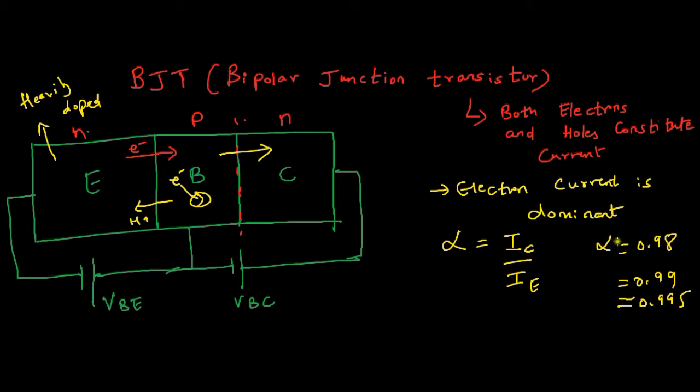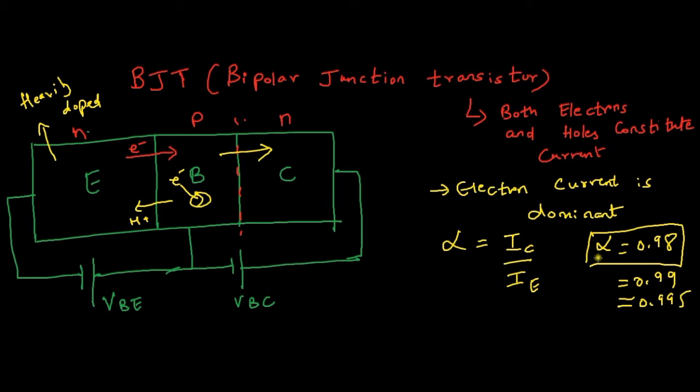The maximum value of alpha is 1, because the emitter current goes to the collector current. If there is 1 milliampere of emitter current and all of it flows through the collector, then alpha will be 1. However, in our case, some electrons are lost in recombination with holes in the P region, hence our alpha is less than 1 and very close to 1, like 0.98.